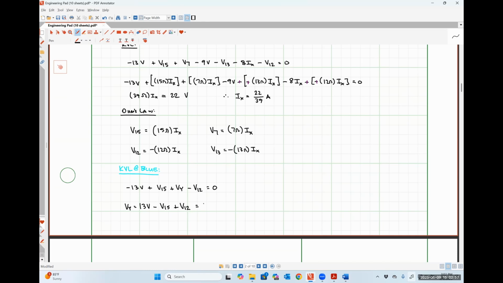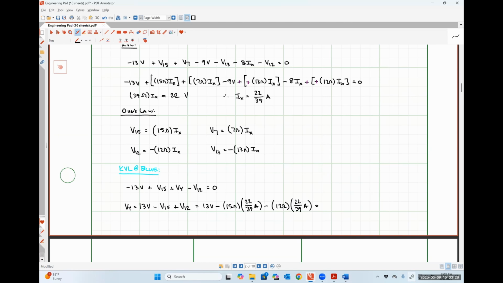So that's going to be 13 volts minus V15, so that is 15 ohms times Ix, where Ix is 22 over 39 amps, plus V12, where V12 is minus 12 ohms times Ix, Ix is 22 over 39 amps, like so.